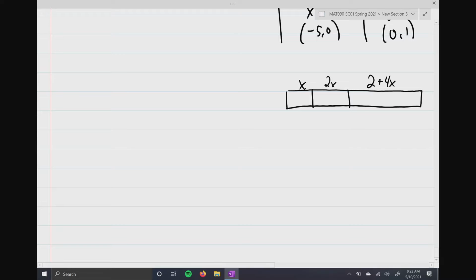All right, now, when I'm looking at this problem, they definitely told me some information about the second piece. And they definitely told me some information about the third piece. What is the only piece that they really never defined? The first. Yeah, they never said anything about the first piece.